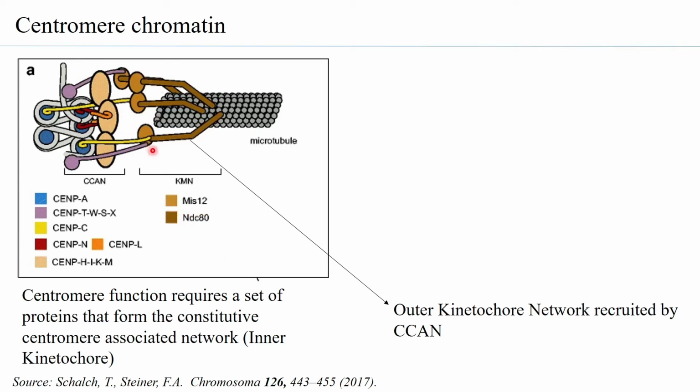And this outer kinetochore network, which has been recruited by CCAN, is directly binding to the microtubules. So the inner kinetochore cannot bind to the microtubules. It is the outer kinetochore proteins that are able to bind to the microtubules. And these microtubules are nothing but the spindle fibers that have been formed during the cell division. So this is how you have the centromeric chromatin formed, which comprises the inner kinetochore and the outer kinetochore.